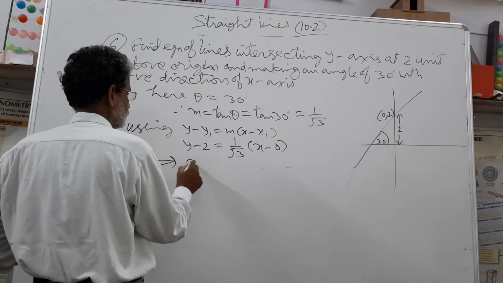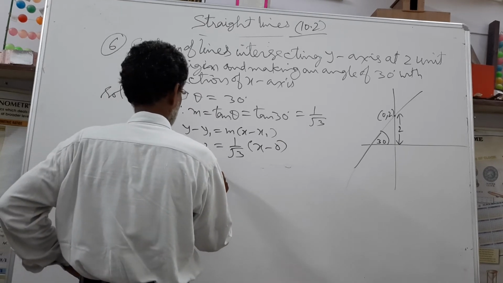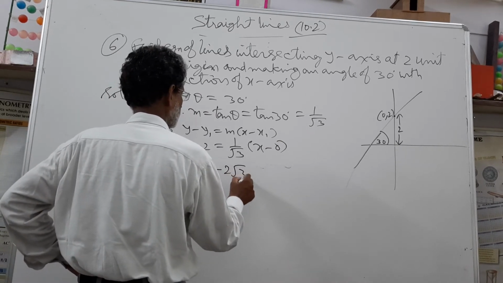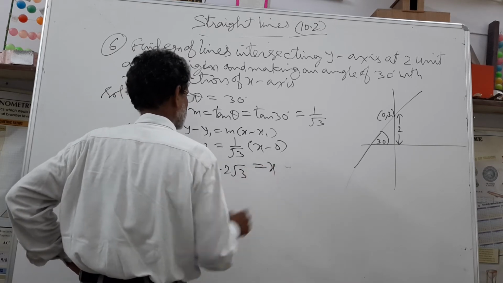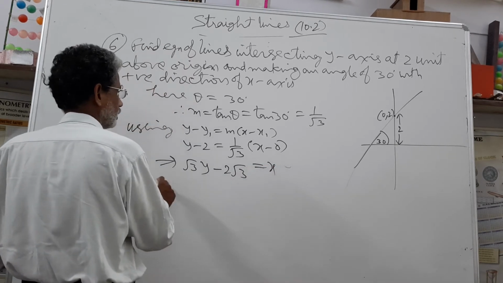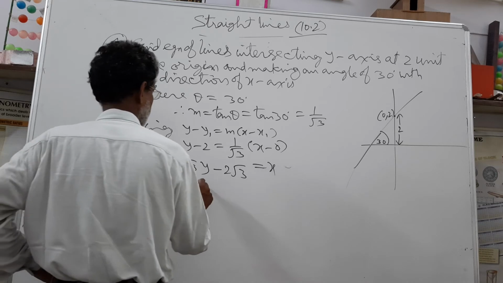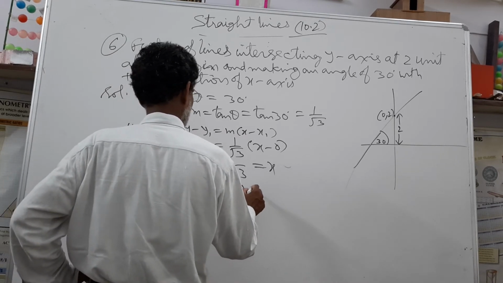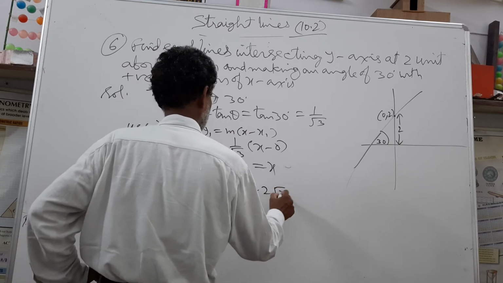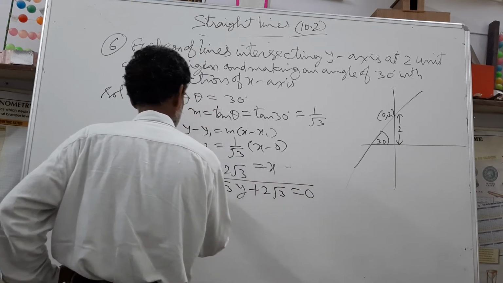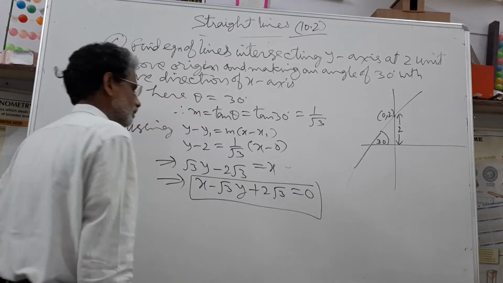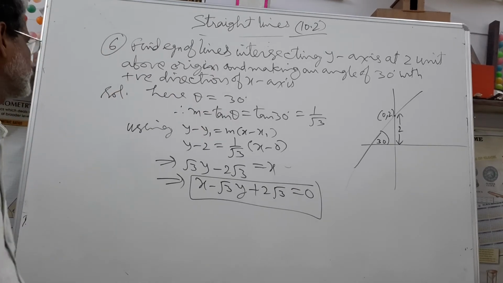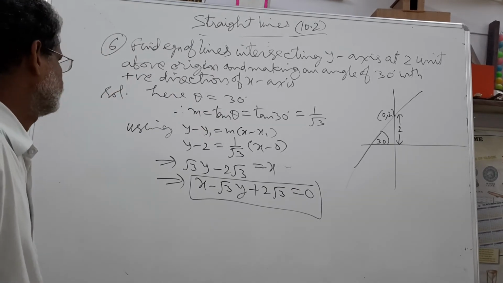This implies root 3y minus 2 root 3 is equal to x. This implies x minus root 3y plus 2 root 3 is equal to 0. This is your required equation of line.